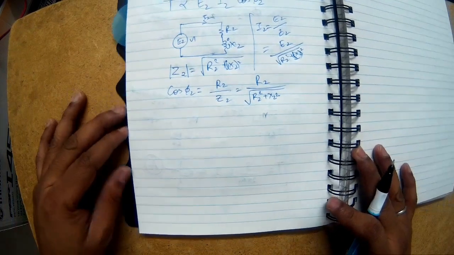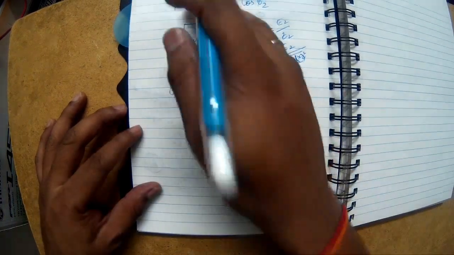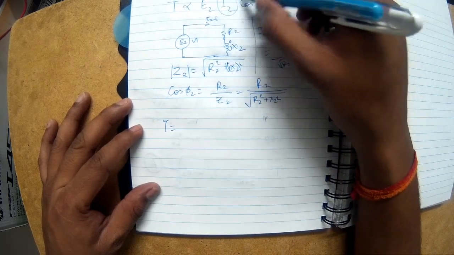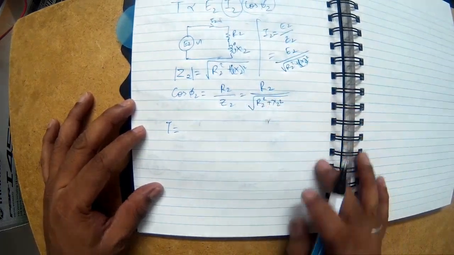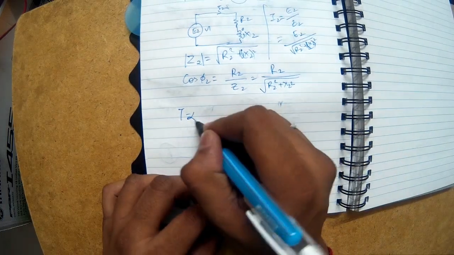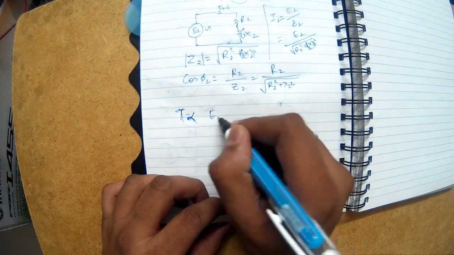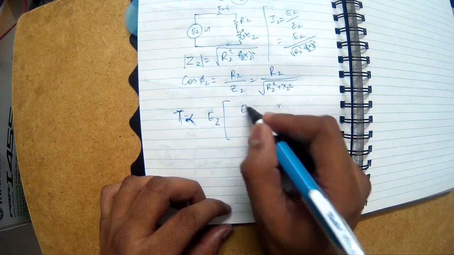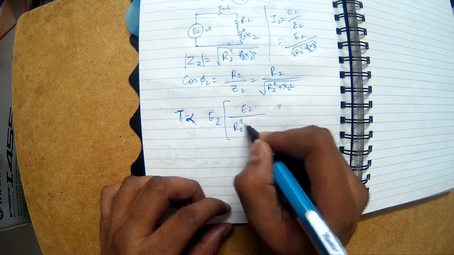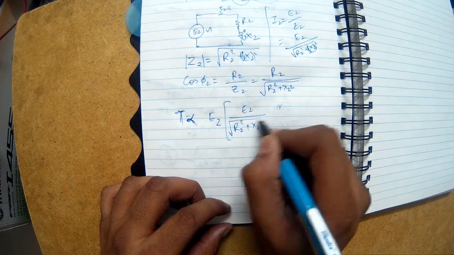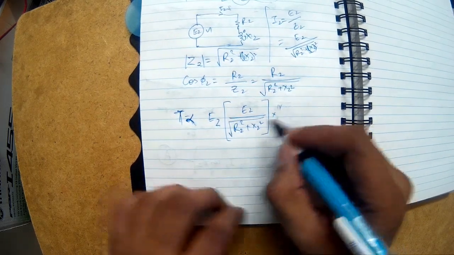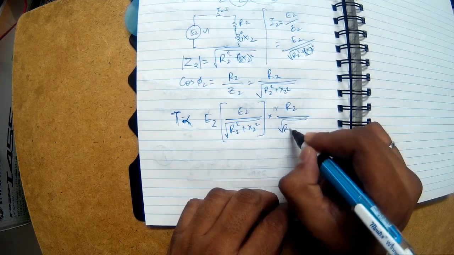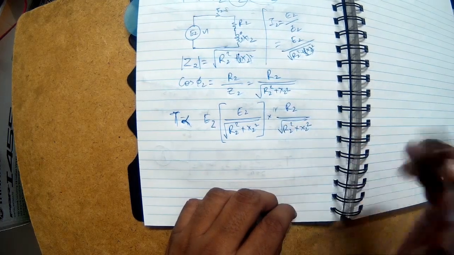Now coming back to my torque, I will eliminate I2 and cos phi 2 and express it in terms of these. So torque is proportional to E2, and in place of I2 I will write E2 divided by the square root of R2 square plus X2 square, multiplied by, in place of cos phi 2, R2 divided by the square root of R2 square plus X2 square.